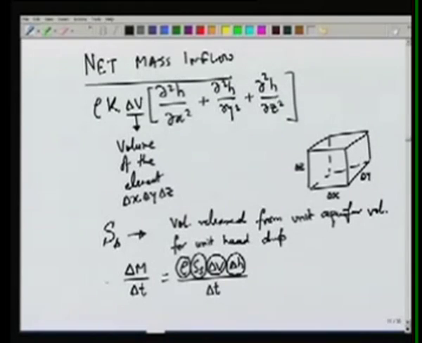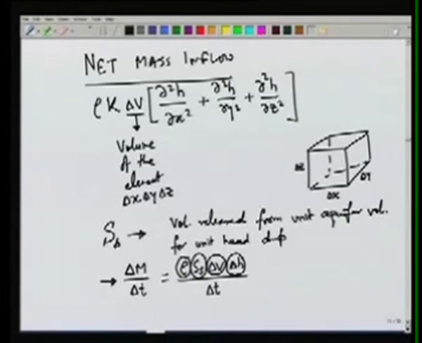So the change of mass per unit time in the elemental volume, delta M by delta T, can be related with the specific storage Ss, the density, delta V, delta H and delta T. And in the limit, as delta T tends to 0, we can write, and the other limit which we will take is that this element reduces to a point, so delta V tends to 0.